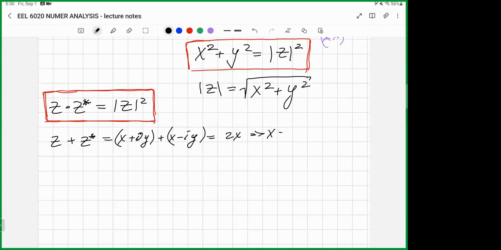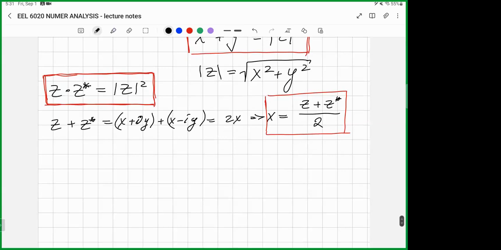So x, the real part of the number, is equal to z plus z star over 2. So this formula allows us to calculate the real part of the complex number. To do so, you just need to take this number, add the complex conjugated version of that number, and divide by 2, and by doing that you get the real part of the number.